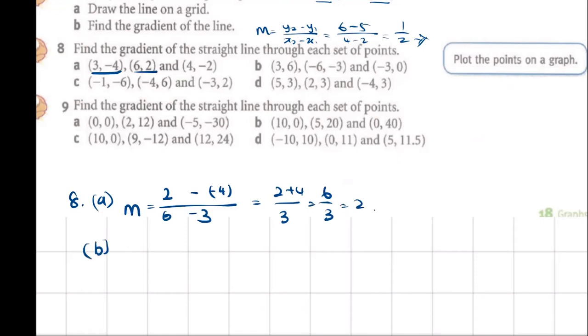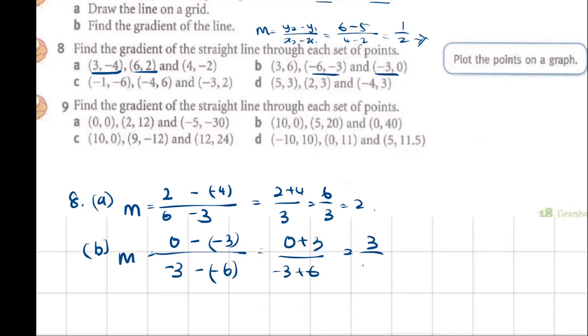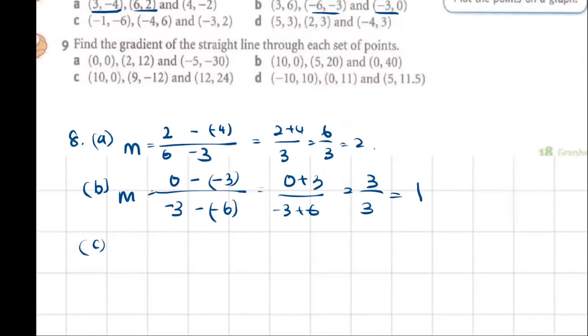For B, m is equal to, I will use these two coordinates, y2 minus y1 over x2 minus x1. Same thing again, I will just do it in my head using these two.